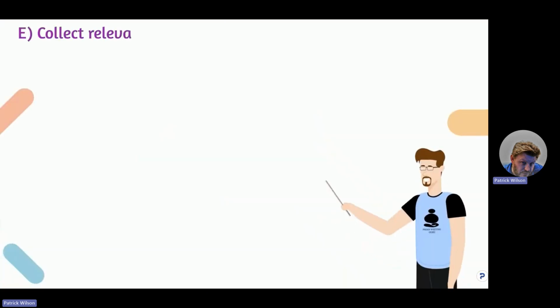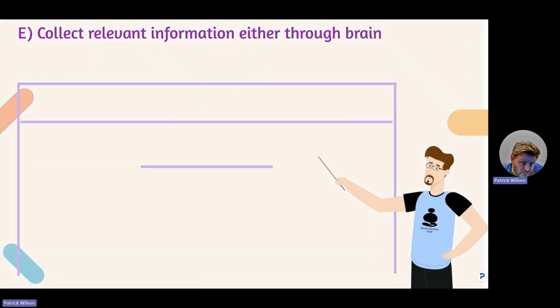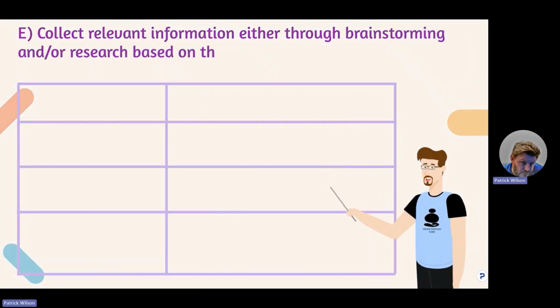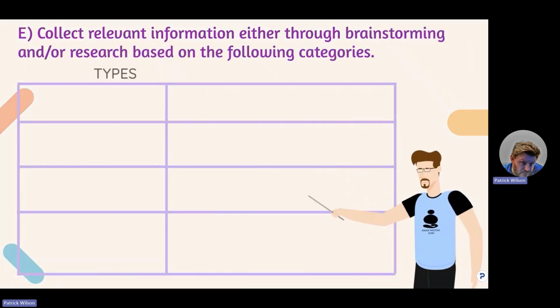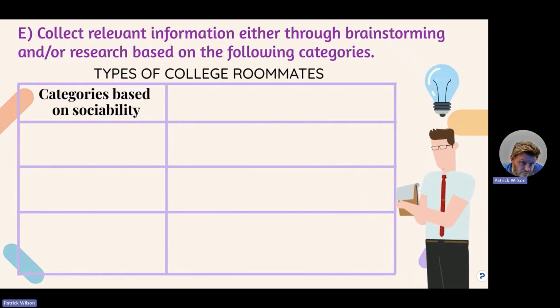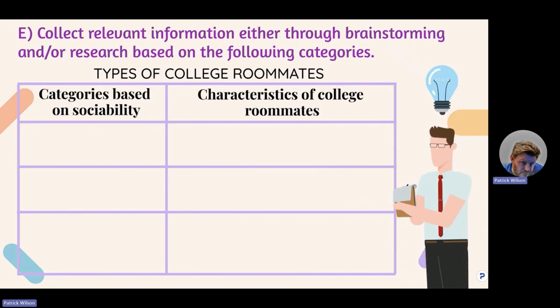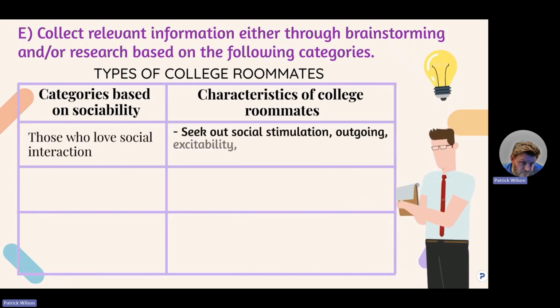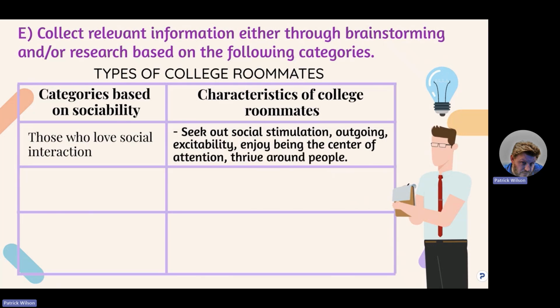E. Collect relevant information, either through brainstorming and/or research, based on the following categories. Types of college roommates. Categories based on sociability. Characteristics of college roommates. Those who love social interaction: seek out social stimulation, outgoing, excitability, enjoy being the center of attention, thrive around people.